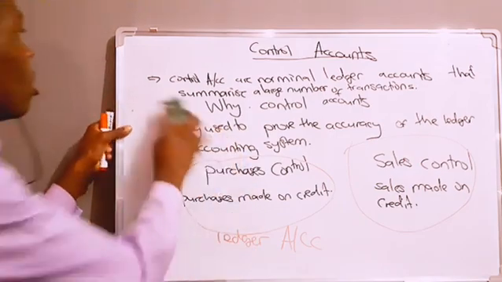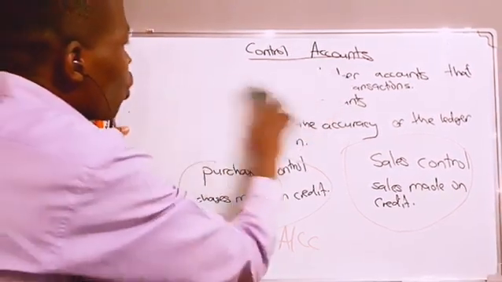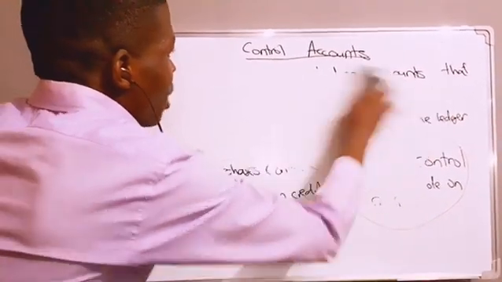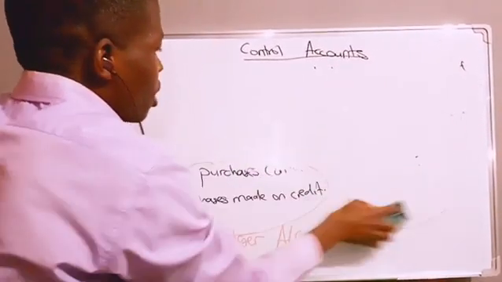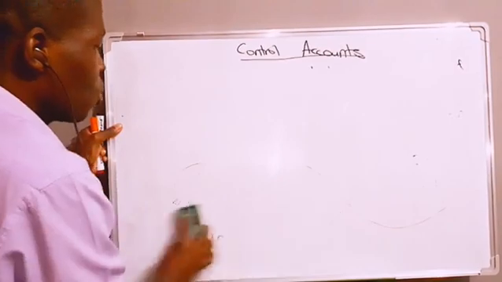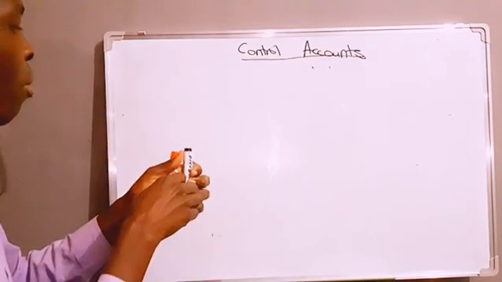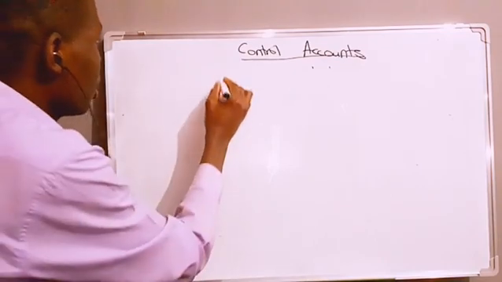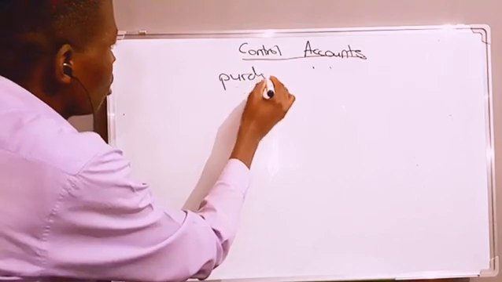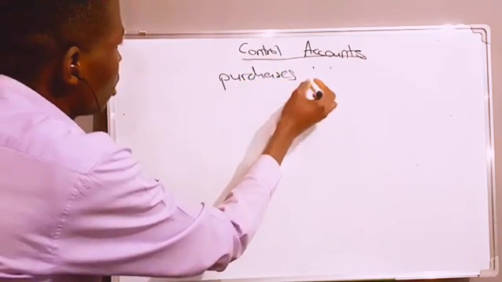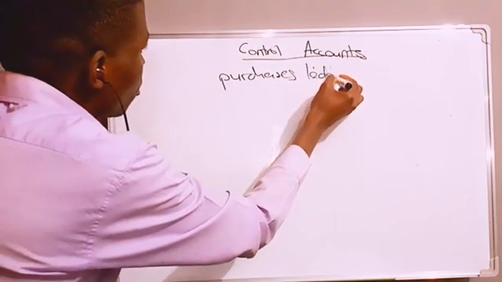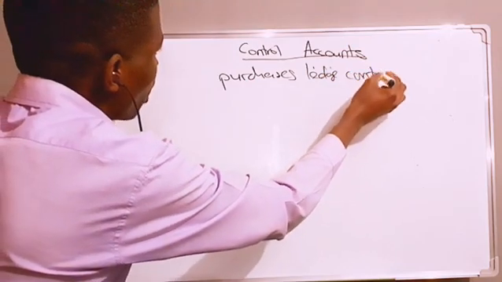So let me show you what is happening here before we go on and do the reconciliations. Let's say we have a purchases ledger control account.